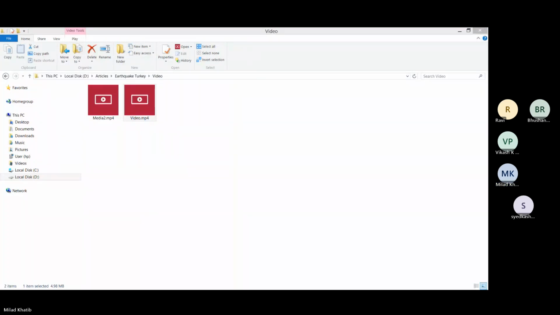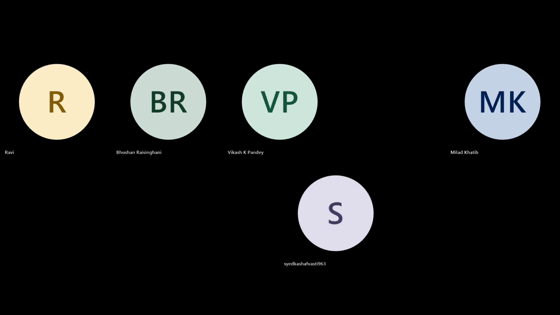Can you see it? We can see the video and the media 2 folder is there. I try each time to share it, I don't know what happened.